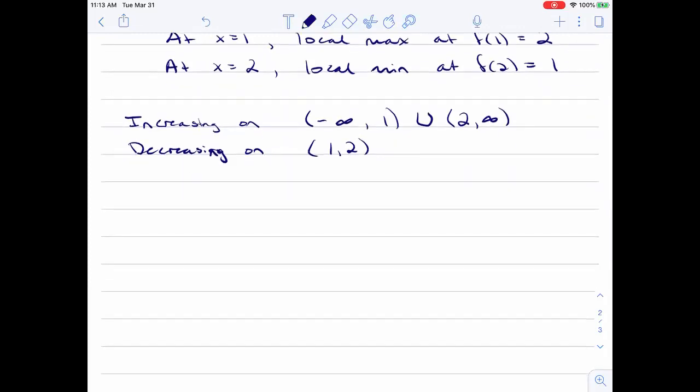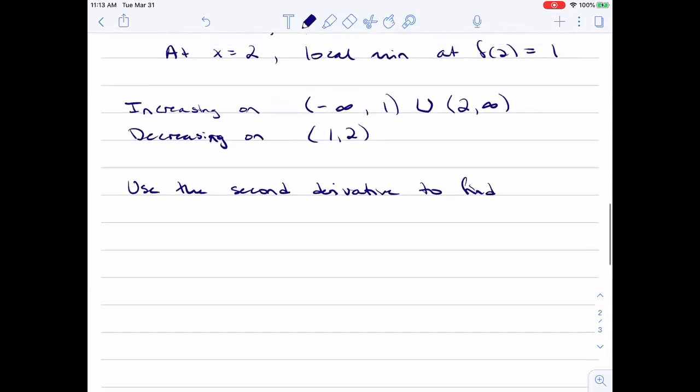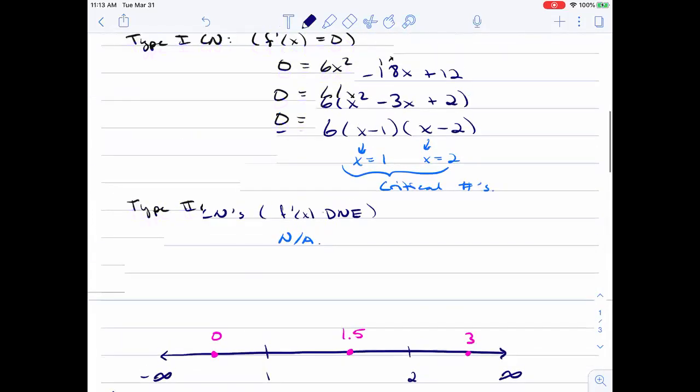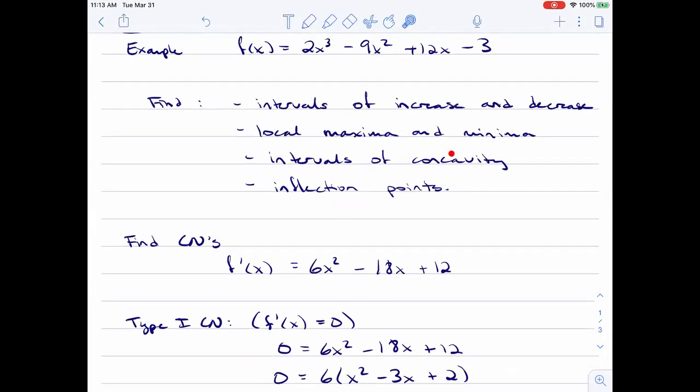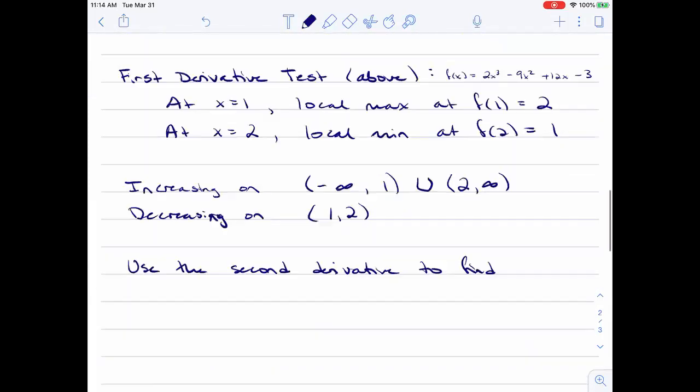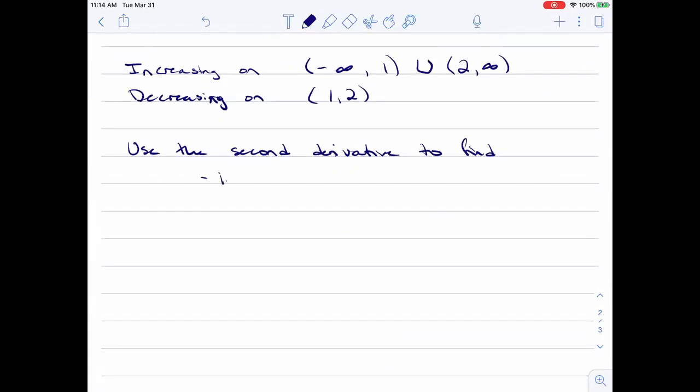We can use the second derivative to find the second two things, the intervals of concavity and potentially the inflection points.